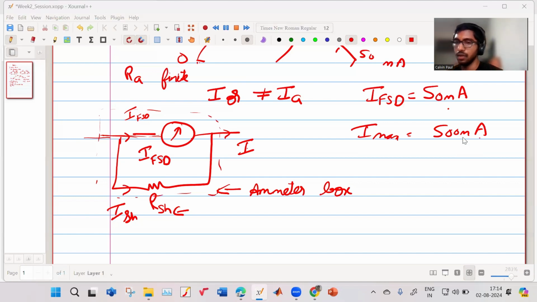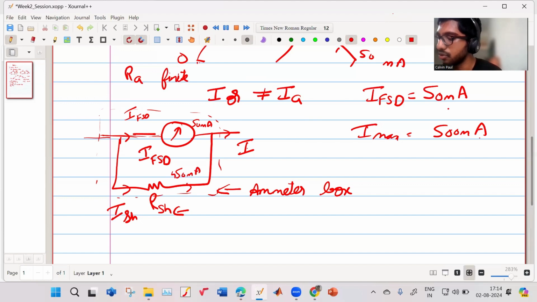So now, what Sir has taught is how you select the shunt resistance, R shunt, for this. What is flowing through the meter, I FSD, is 50 milliampere. The current flowing through the shunt has to be 450 milliampere, because the total current is 500 milliampere. Also, let us assume that the RA of your meter is approximately 10 ohm.